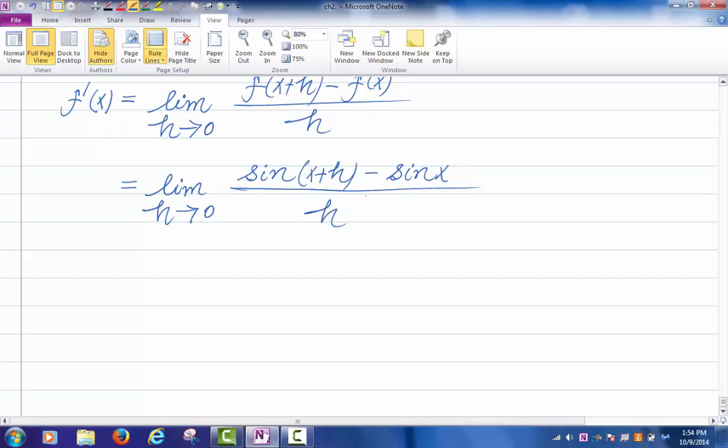But here, you cannot get rid of h that way. What you need to do is basically use limit number 1 that I gave at the beginning. So how should I proceed here? What would you suggest?